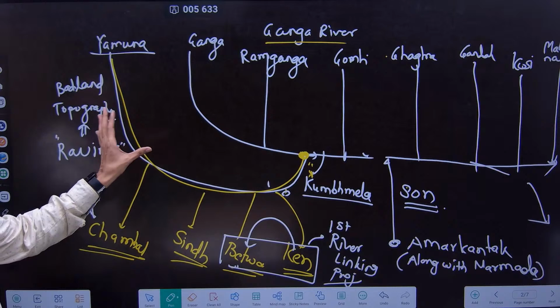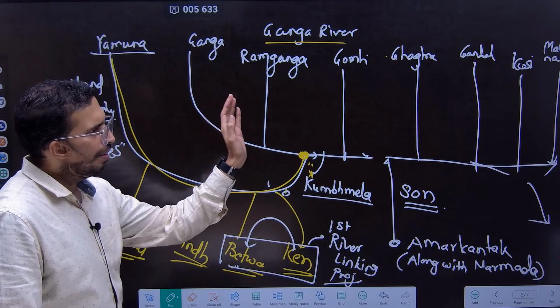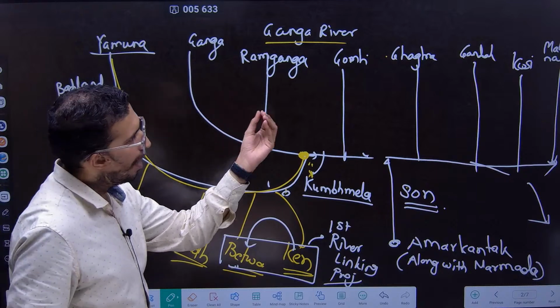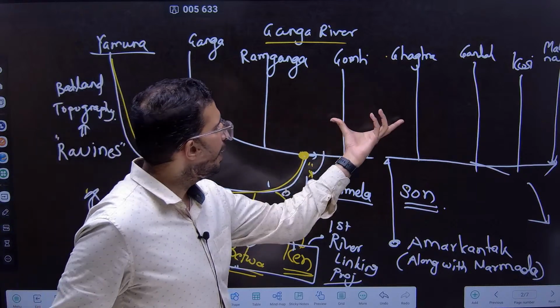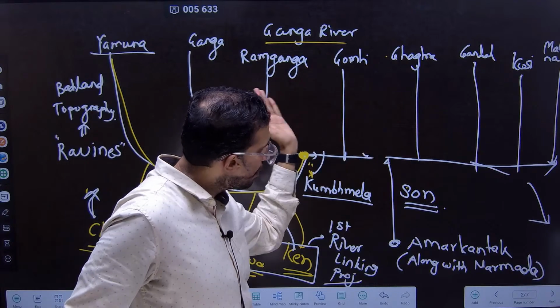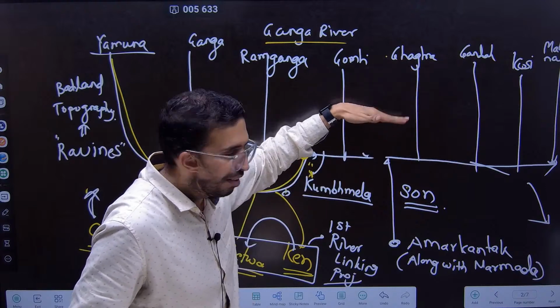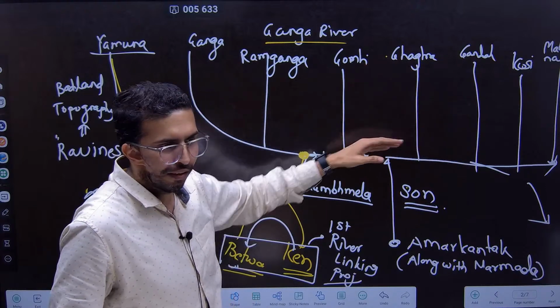Did you get the idea? Please write it down. This is not drawn to proper scale or distance, just to give an idea of the sequence from west to east, which are the western bank tributaries of the Ganga.